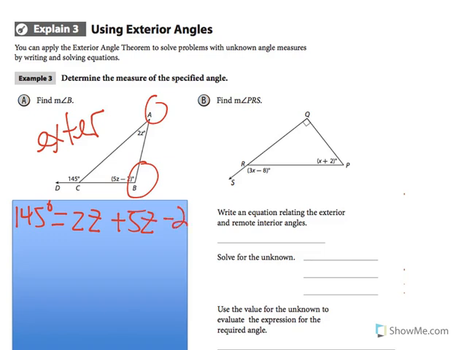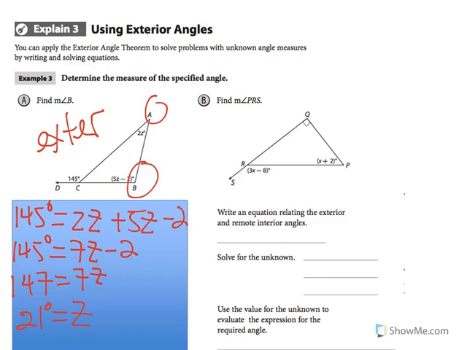Combining like terms, we have 145 equals 7z minus 2. Add 2 to both sides, so we have 147 equals 7z. To solve for z, we take 147 divided by 7, so z equals 21 degrees.